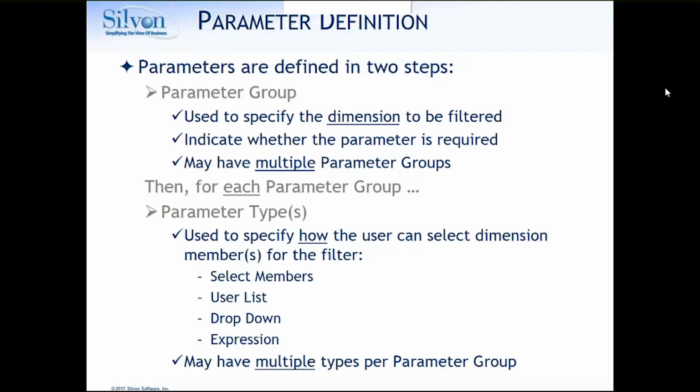You can have multiple parameter groups if you want to prompt the user for, let's say, a customer number and maybe a product family. So again, your view prompt can have multiple parameter groups. You can also indicate within that parameter group whether the parameter is required or not.